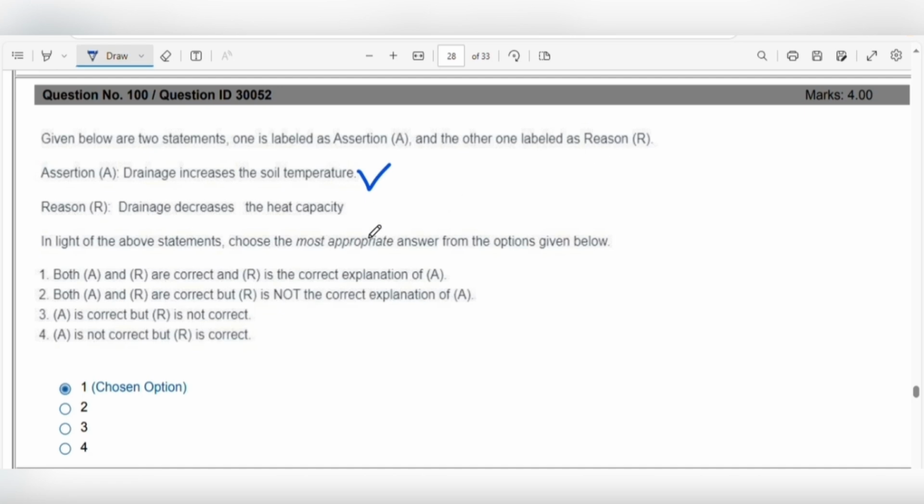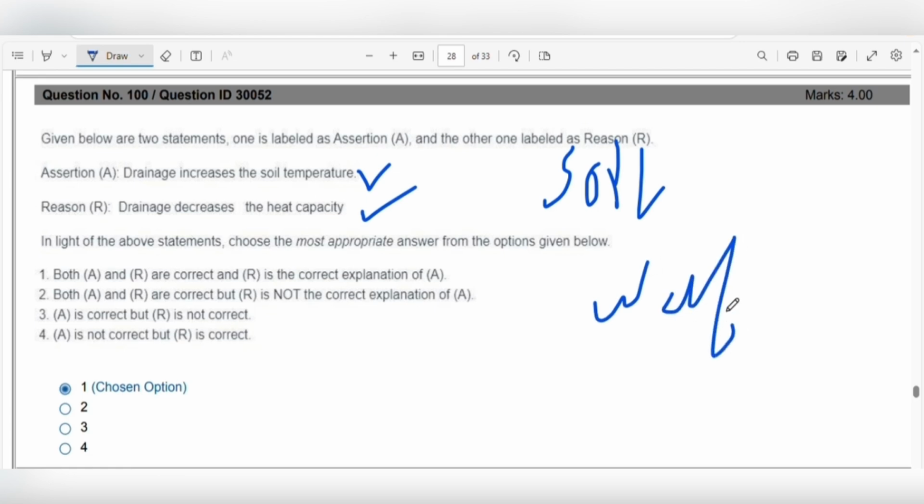This is also absolutely true, because soil has a heat capacity lesser than the heat capacity of water. Water has the highest heat capacity of any known liquids in that range, and an appreciably higher heat capacity than the soil.